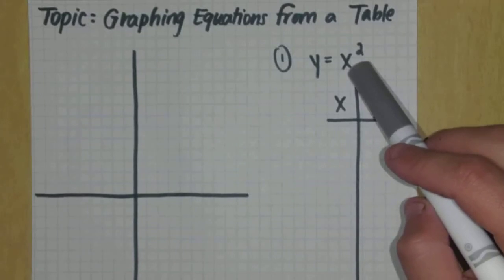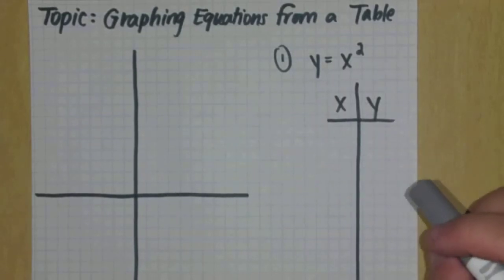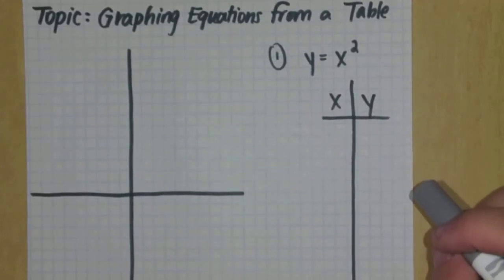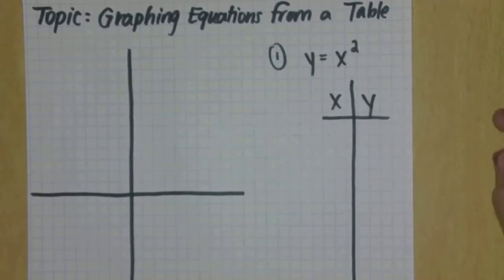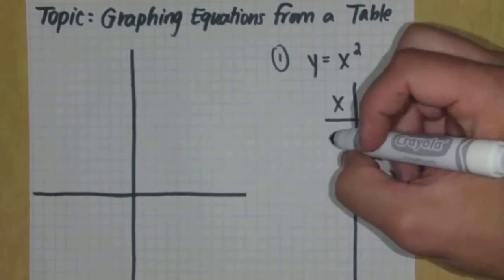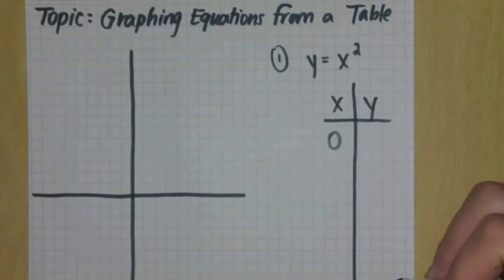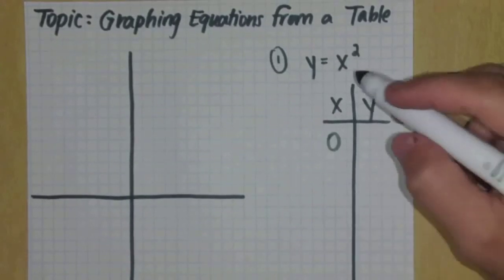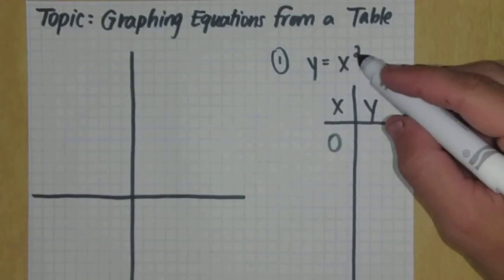We're also going to look at the parent function of a cubic. So you're going to start to see what things look like. Let's again try 0. Now if I plug a 0 in for X, 0 squared.